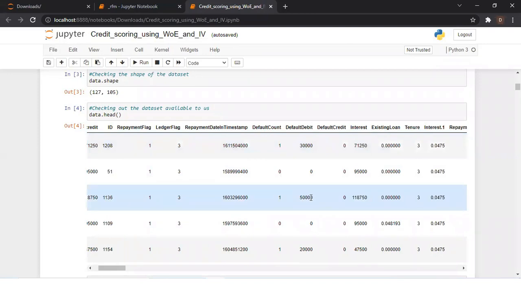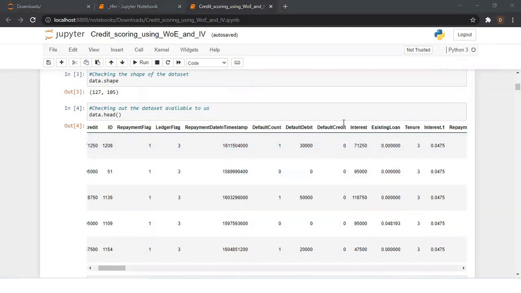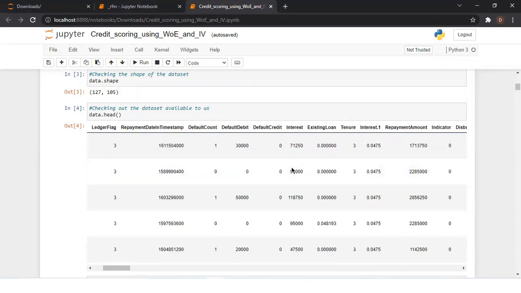The value was 50,000. But Deepak, is this trying to say what the relationship is between credit score and the default rate, or whether the credit scoring system is working properly or not? Credit score, default amount, and all these variables that are here. You see the interest amount as well. Obviously the risk of a default where the interest rate is a little high is high, against a person who has a very low interest rate.